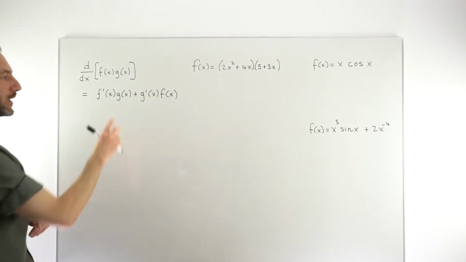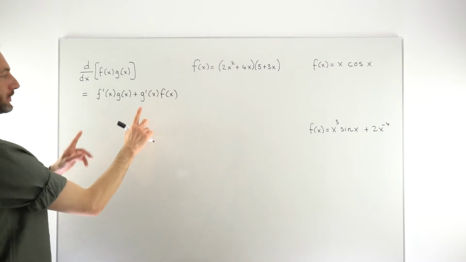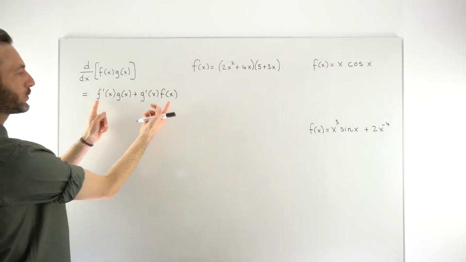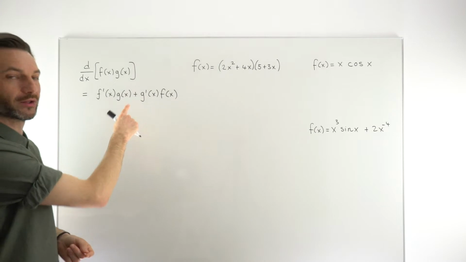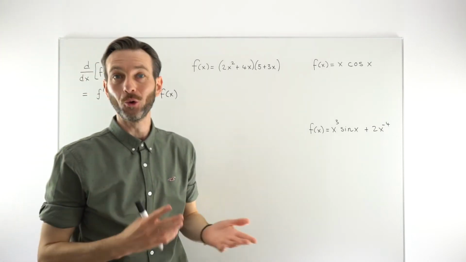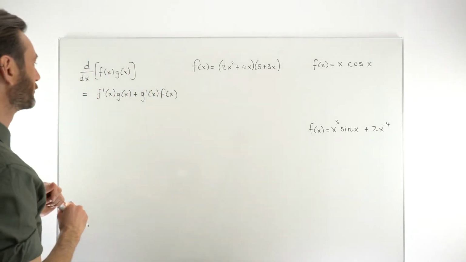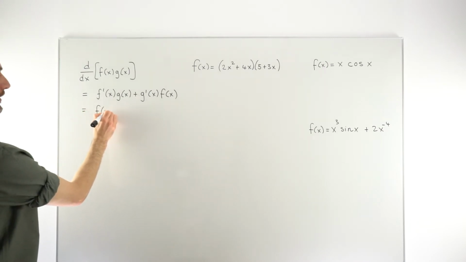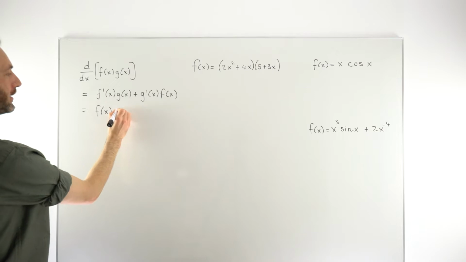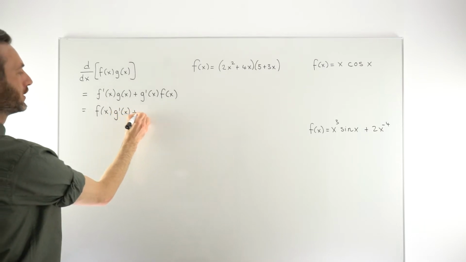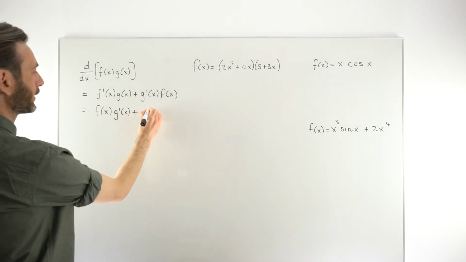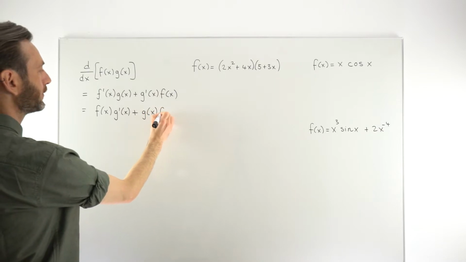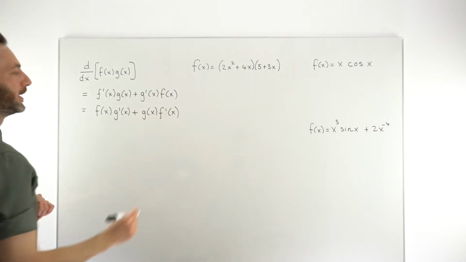Now, there are different ways to write this, and you can switch around the order because it's a plus. Remember, when we're doing addition, the order doesn't actually matter. So sometimes you'll see it written as f of x times g prime of x plus g of x times f prime of x.